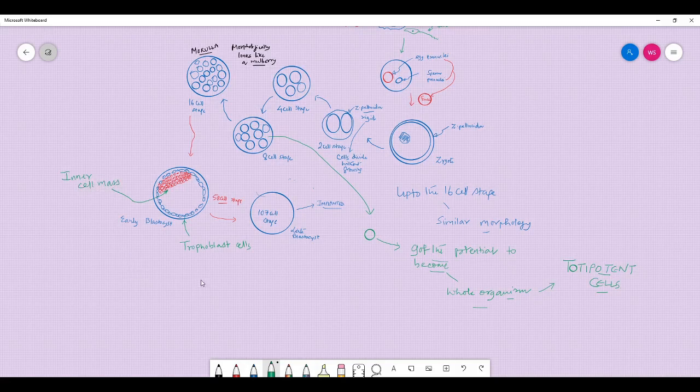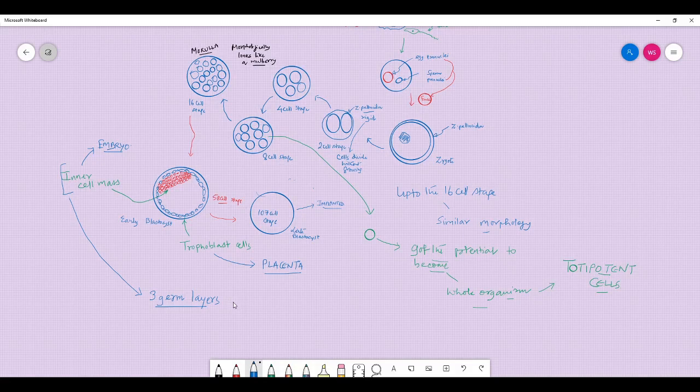The trophoblast cells later on become the placenta. The inner cell mass gives rise to the 3 germ layers. So the point is, this inner cell mass becomes the embryo. The embryo has 3 germ layers.